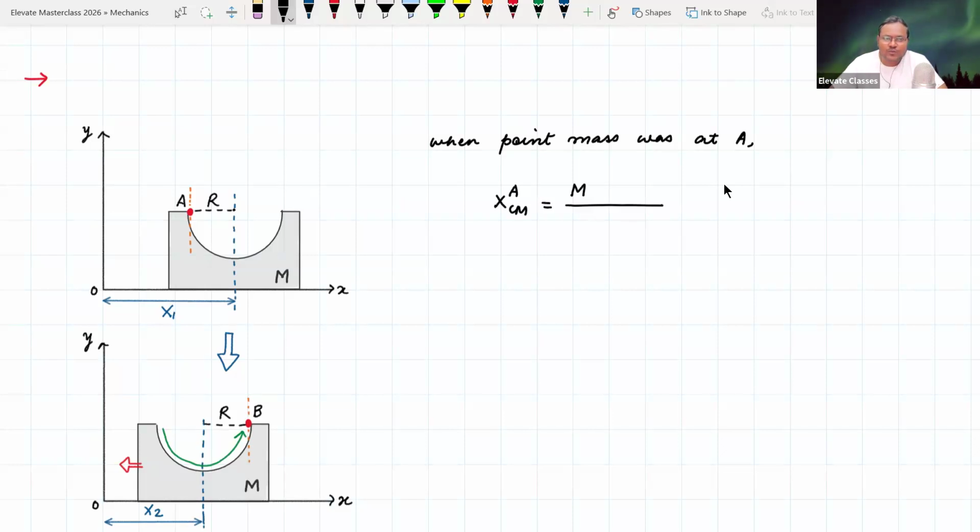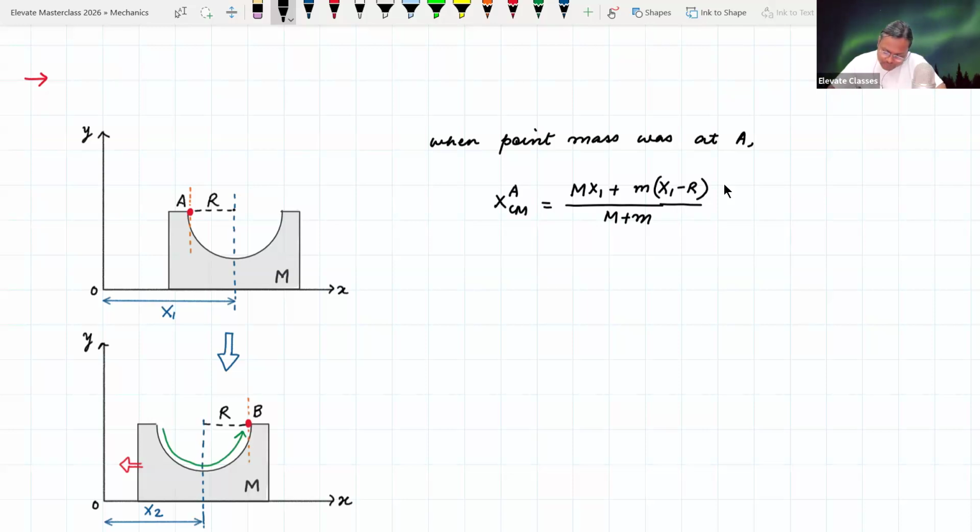What is the center of mass of the large mass initially? x1. And the point mass, what is the center of mass of the point mass initially? बताइए. Center of mass of the point mass initially, or the position of the point mass. x1 minus r, yes, correct. Divided by capital M plus small m. ठीक है? This is the initial center of mass of the system.